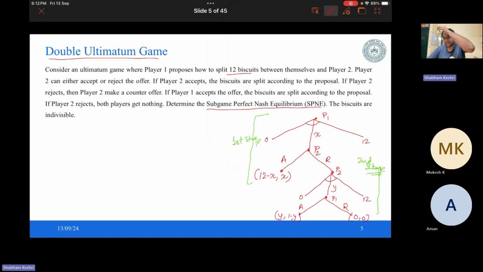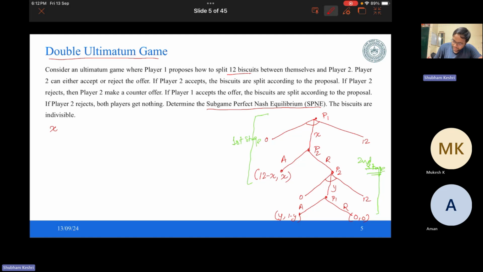You can take a minute and try to find the subgame perfect Nash equilibrium of this game. Is it x equal to 0, owing to which P2 will reject and the stage will come to the next one, and then he will offer y equal to 1?